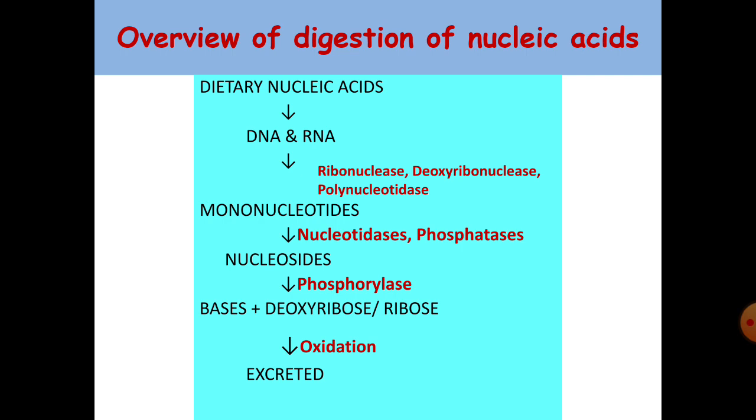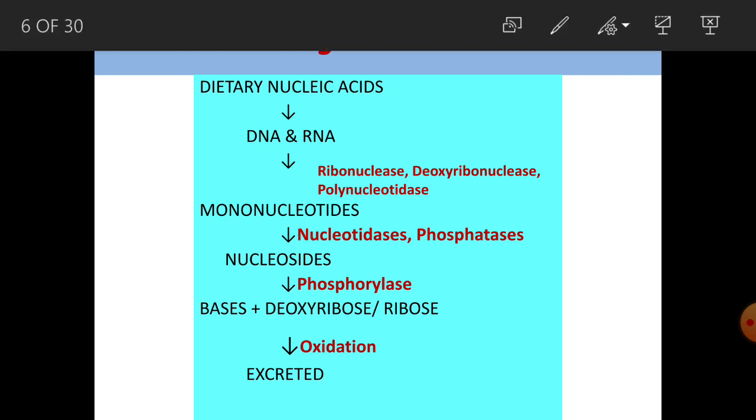Now, this DNA and RNA are worked upon by either ribonucleases or deoxyribonucleases as per the nucleic acid, and also polynucleotidases. They break down and form mononucleotides, which will be acted upon by nucleotidases, phosphatases, which will liberate the nucleosides.